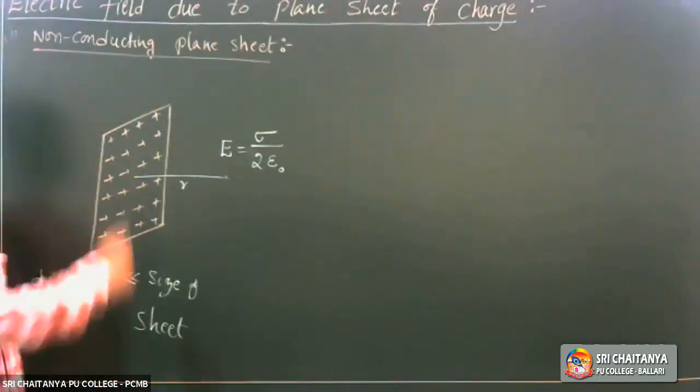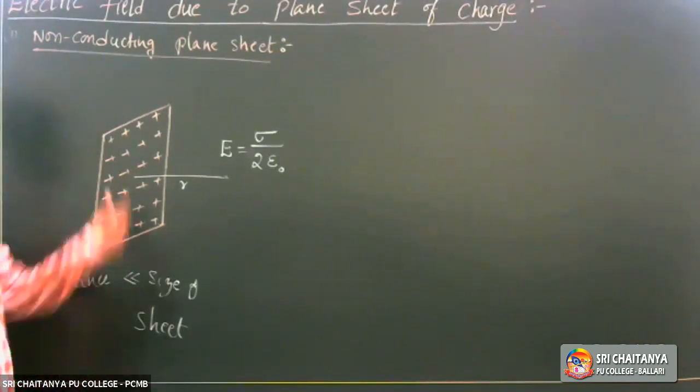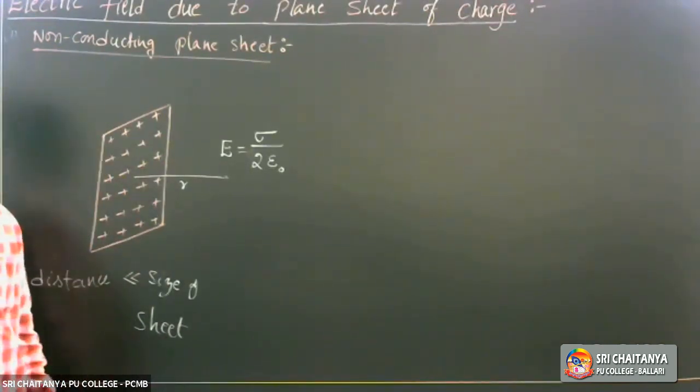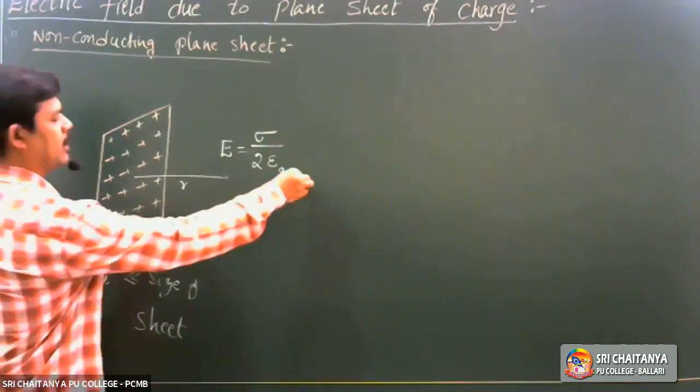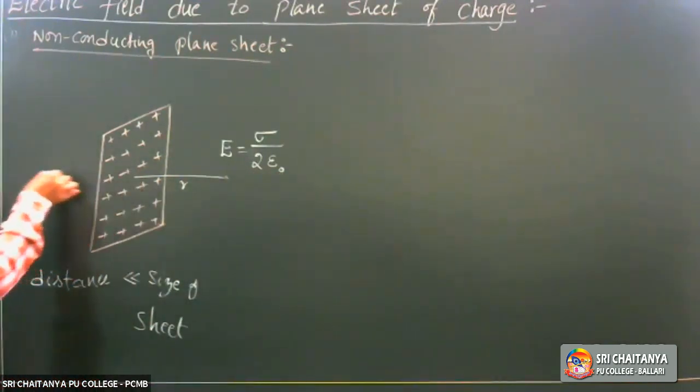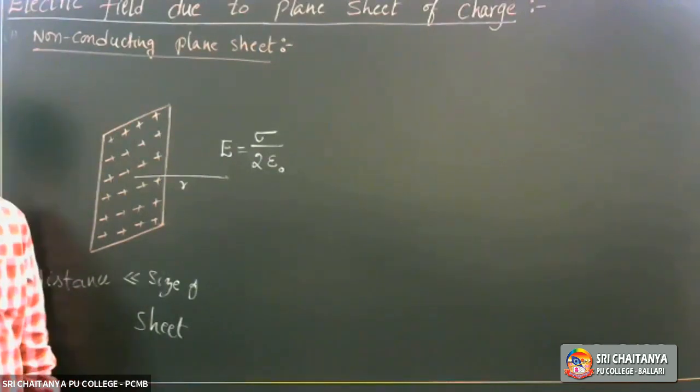Where sigma is the surface charge density of this thin sheet, right? If you take here, here, here, here, even if you go this side, it is the same.